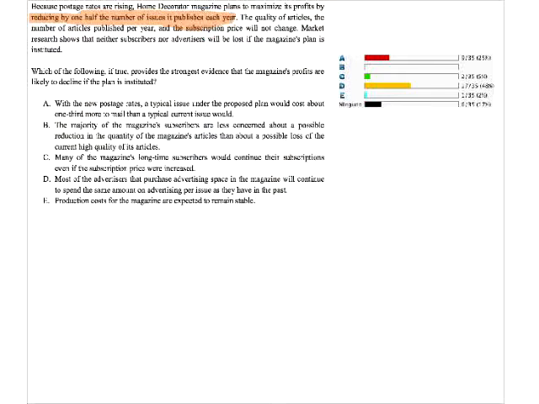So the number of articles per year will not change. So what this basically means is that the company is going to send half as many magazines, which will be about twice as big per year.